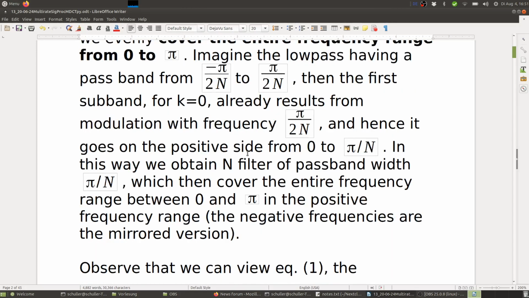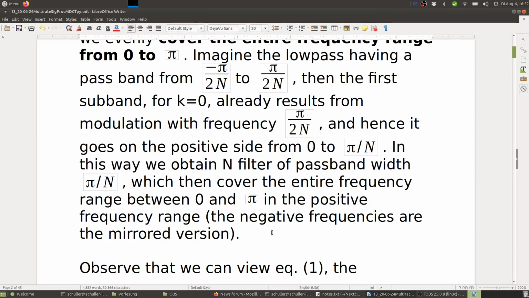So that means on the positive side it goes from 0 to pi over n. And this is also exactly the width that we get from the other band passes. Right? So in this way the low pass and the band passes all have the same bandwidth. In this way we obtain n filters of passband width pi over n, which then cover the entire frequency range between 0 and pi in the positive frequency range.